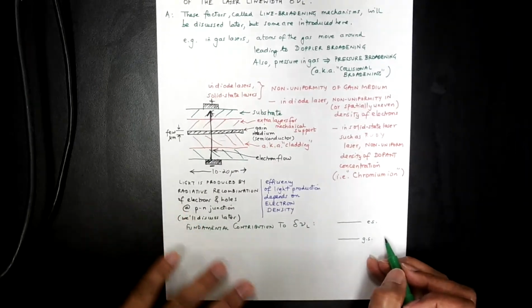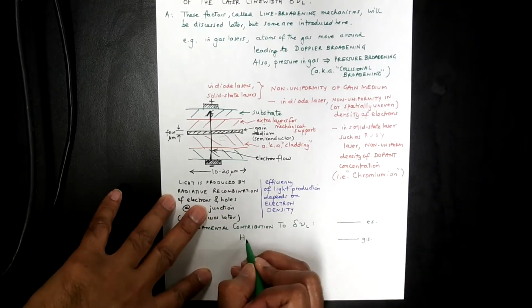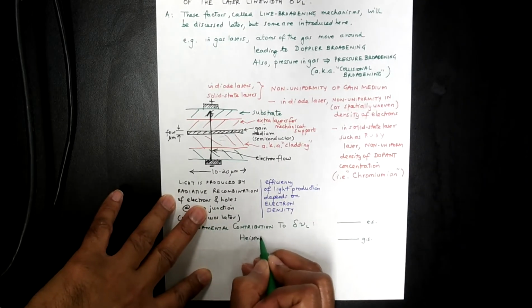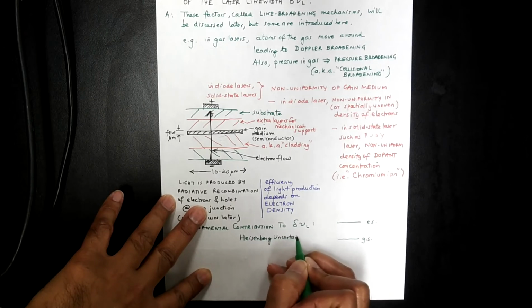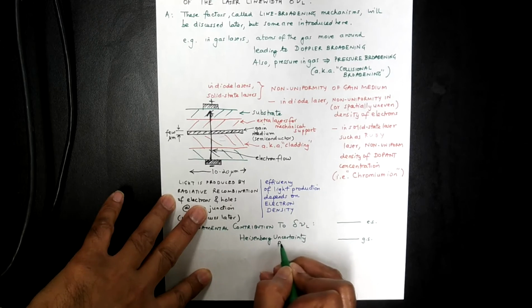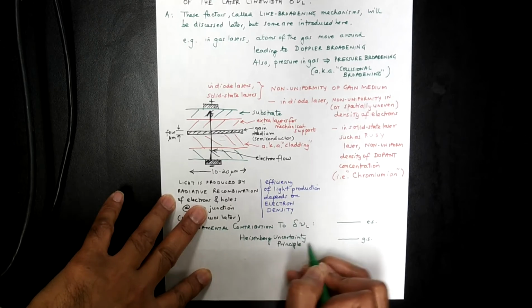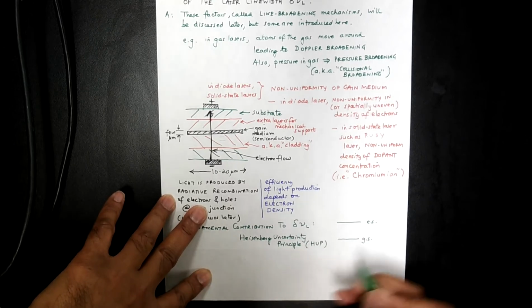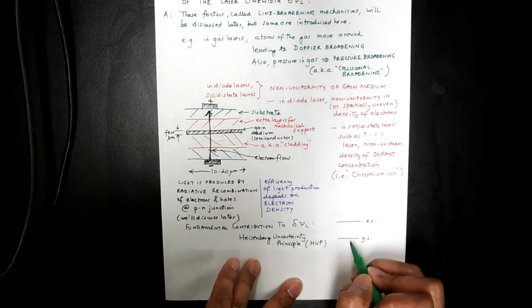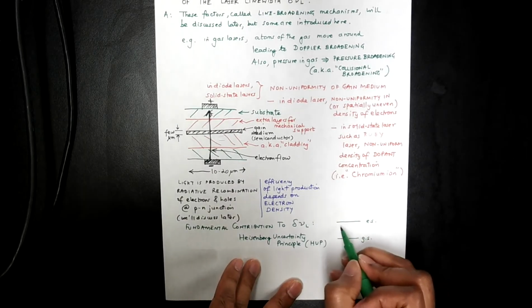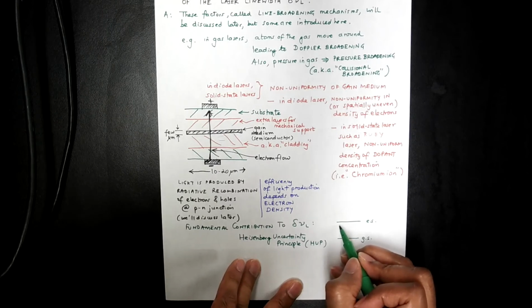Well, according to the Heisenberg uncertainty principle, these energy levels are not sharp. These energy levels have a width. So if I look at the relative difference between them, then this excited state actually has a certain width, right?